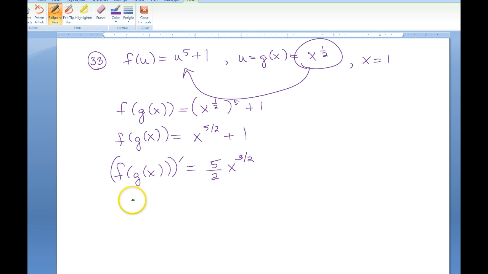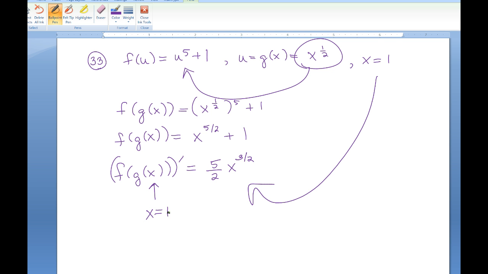Now I want to evaluate. We plug in 1 for x. 1 to any power is 1, the square root of 1 is 1, cubed is 1.